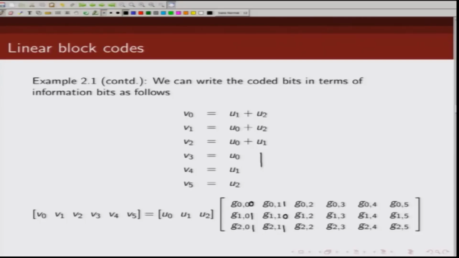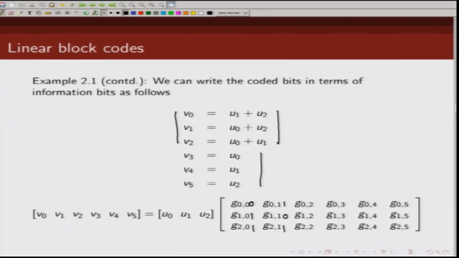We have 3 of these coded bits exactly same as information bits, and the other 3 bits, parity bits, are linear combinations of these message bits. So, from the output code word we can clearly separate out the information sequence, which is in this case given by V3, V4 and V5. So, V0, V1, V2 are these n minus k parity bits, and V3, V4, V5 are my information bits.